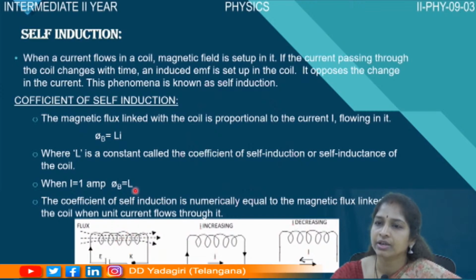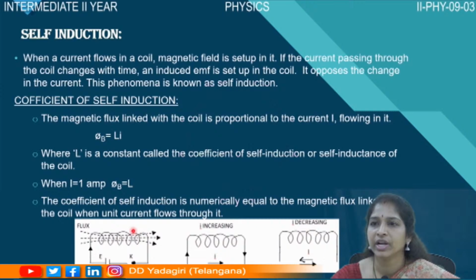The coefficient of self-induction is numerically equal to the flux developed in a coil when 1 ampere current is passing through this coil. So this is the definition of self-inductance or coefficient of self-induction.